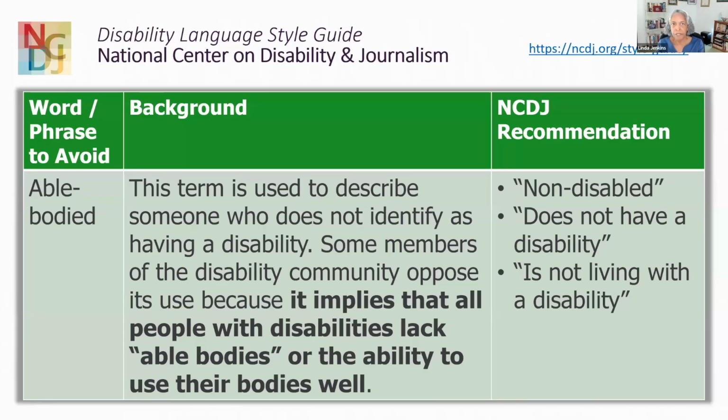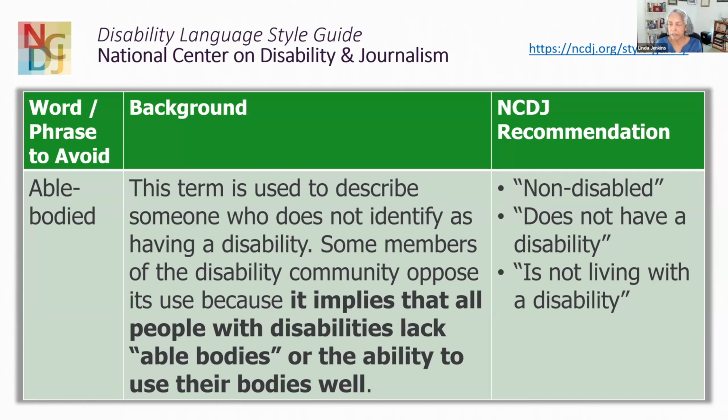And another good resource if you want to explore more fully concepts around not using ableist language is the Disability Language Style Guide, another free resource that's available from the National Center on Disability and Journalism. And I like the way that this particular resource is set out because it gives you the word or phrase to avoid.